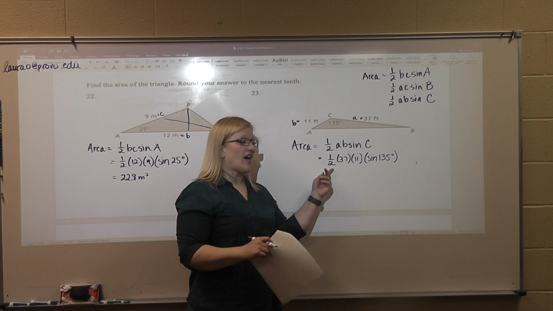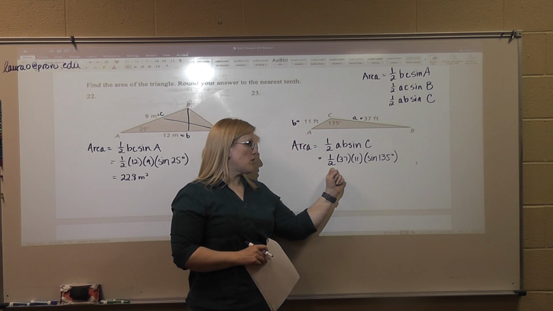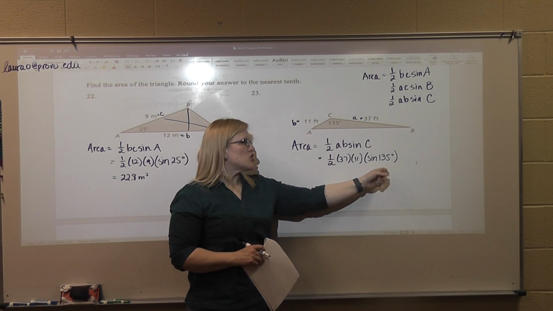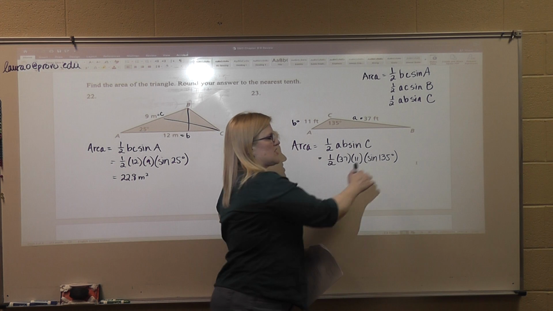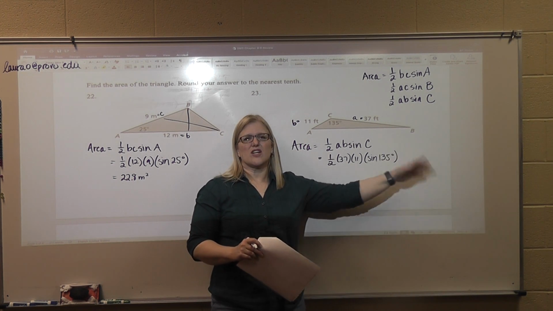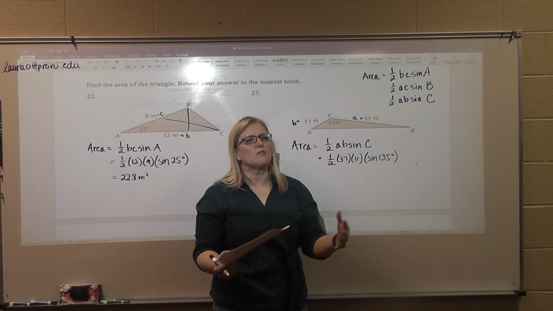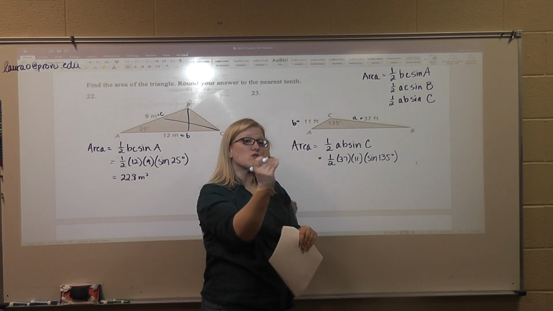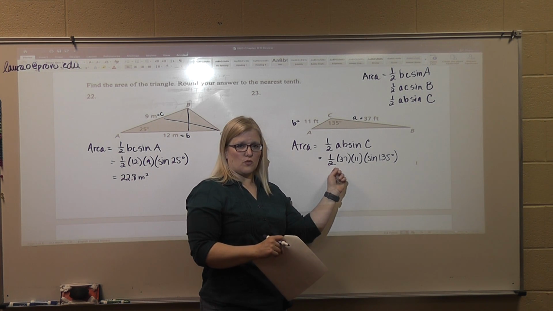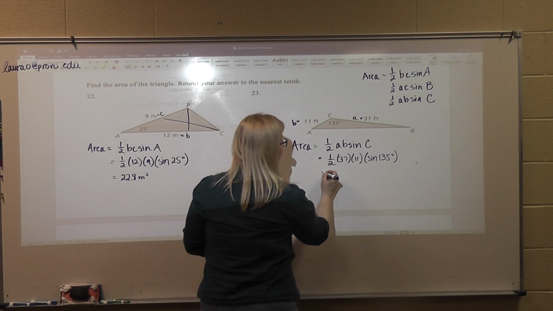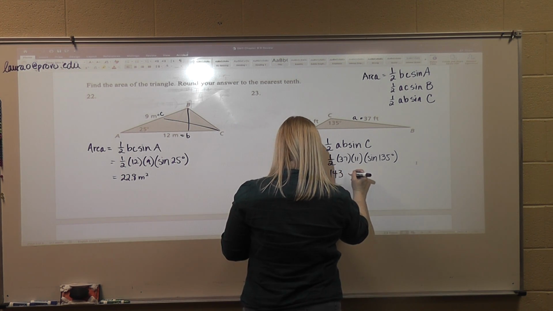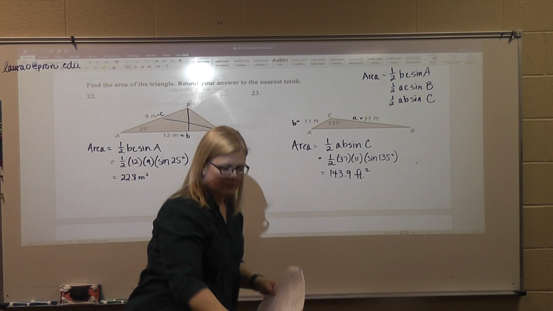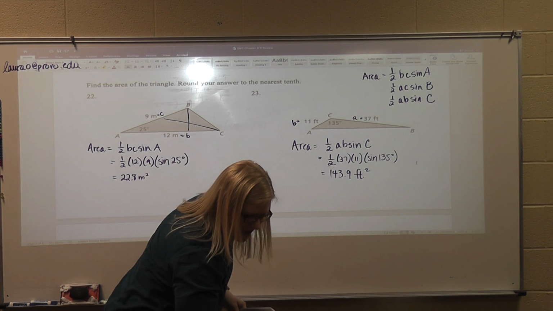And again, I can make 1/2 0.5 if I want, and then I just multiply 0.5 times 37 times 11 times sine of 135. Just remember that you need to close the parenthesis after 135 if you're going to do anything beyond that. So what I mean by that is, let's say I do 37 times 11 times sine of 135, close the parenthesis, divide by 2, to make sure that you do that. Okay, so 143.9 feet squared. Okay, hopefully those are pretty straightforward.